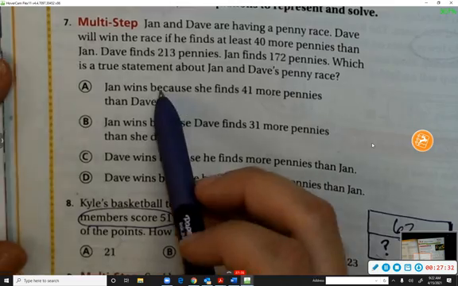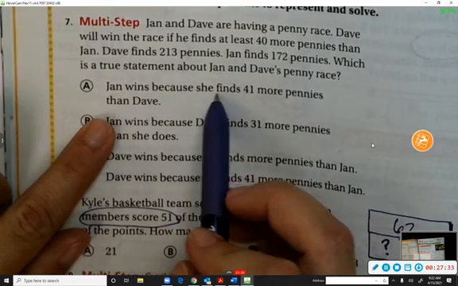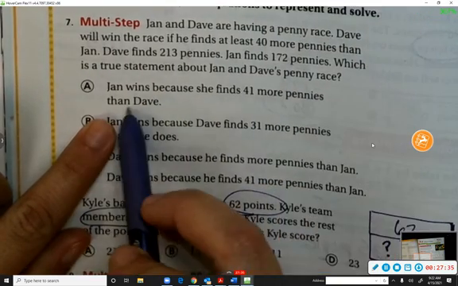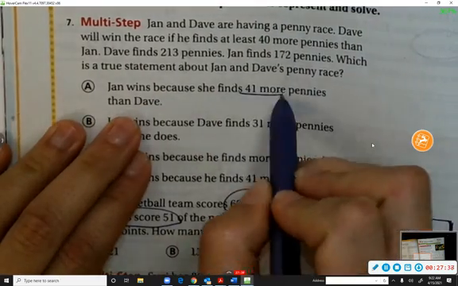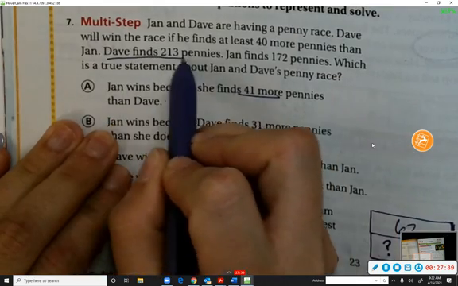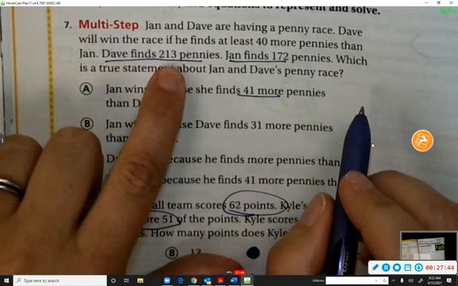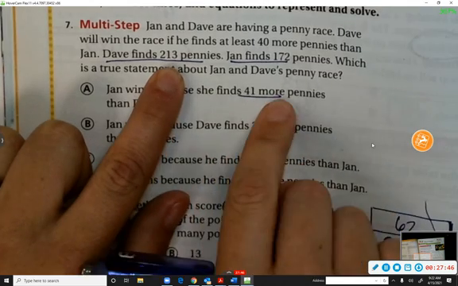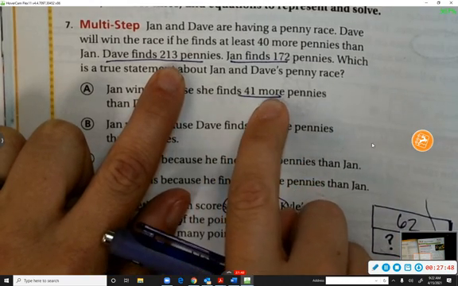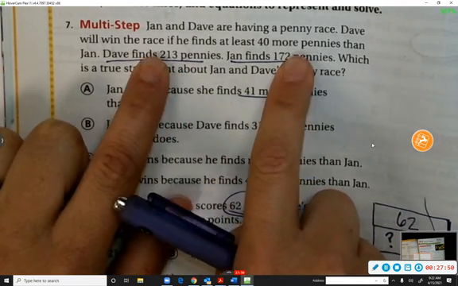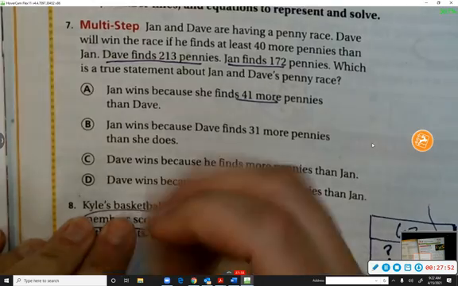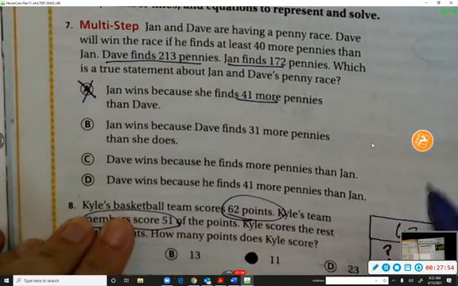Okay? Jan wins because she finds 41 more pennies than Dave. Well, let's go ahead and see if that's true. Jan finds 172. Dave finds 213. Is it possible for her to have 41 more if her number is less than Dave's? No. Okay.